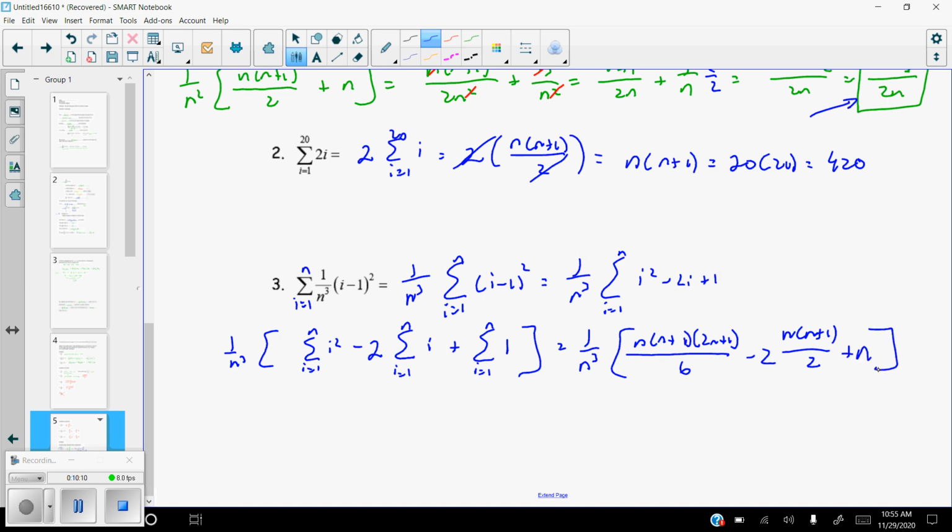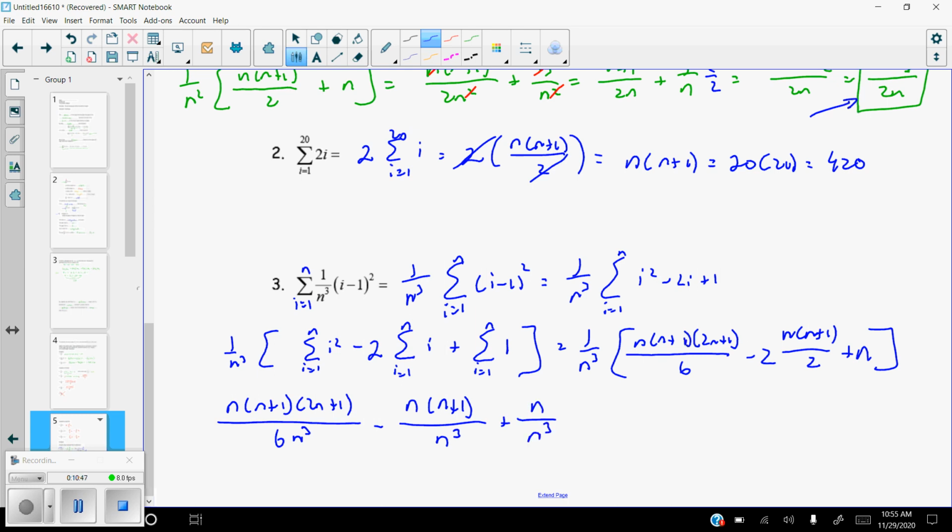So then I'm going to go ahead and simplify some things and distribute the 1 over n cubed. So when I distribute the 1 over n cubed, what we're going to get is n times n plus 1 times 2n plus 1 over 6n cubed minus, those 2's are going to cancel out, so I'm going to end up with n times n plus 1 over n cubed, and then plus n over n cubed.